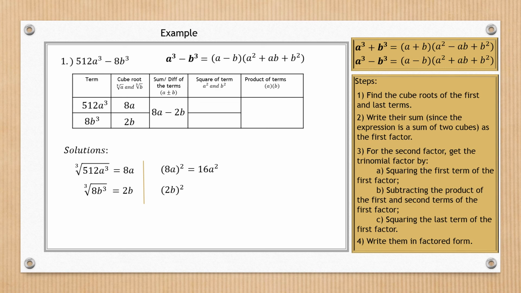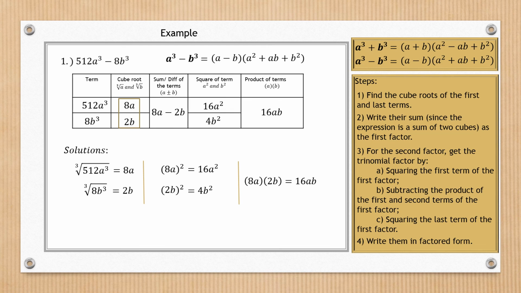So again, class, if you forgot what a perfect square is, go back to extracting square roots, where I gave examples of perfect square numbers. Okay? Next, you have 4b squared. So you write it down. Then what's next? We have to find the product of your cube roots. That is equal to 8a times 2b, which is equal to 16ab. So, you write it down.